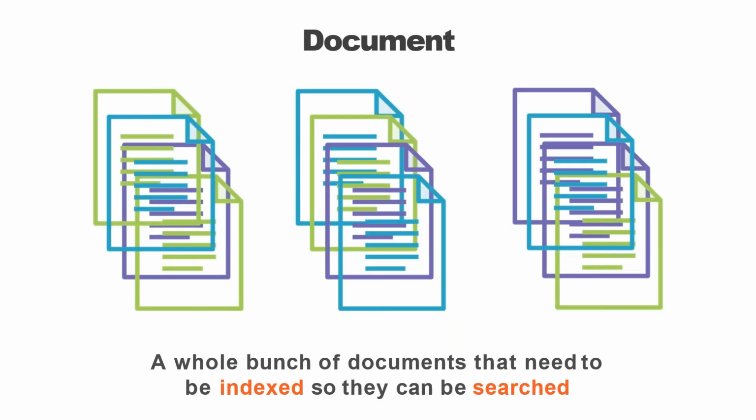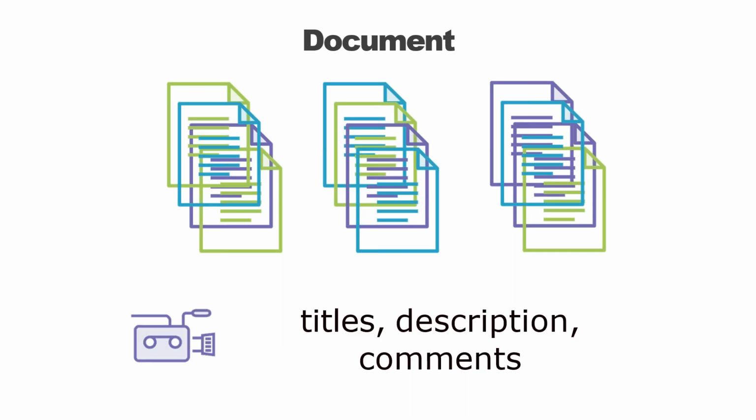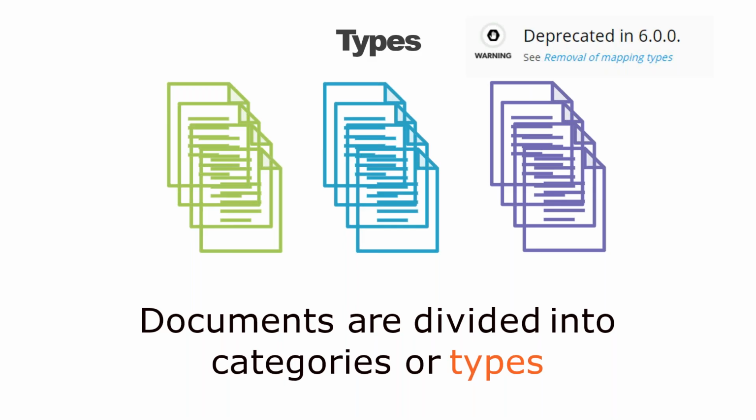Okay, document: the whole bunch of documents that need to be indexed so that they can be searched, that's a document. You can have a document such as a catalog document, reviews document, and so on. Each document may have some fields: title, description, comments, and these are the fields. Then there are types, where documents are divided into categories or types.